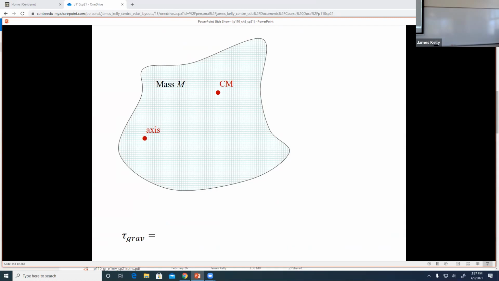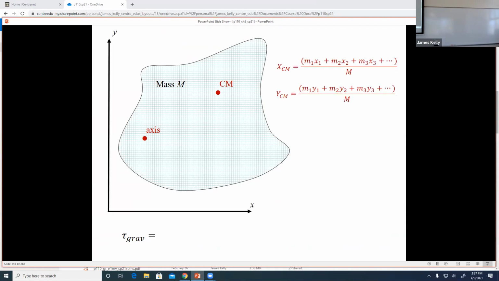But if somebody tells you where the center of mass is, in other words, I put some x and y axes on there, I can calculate not only the x coordinate of the center of mass, but the y coordinate of the center of mass as well. And then the claim is the same. I can take the total mass of this object, and therefore the total weight force, and just pretend that it's all being exerted at the center of mass.